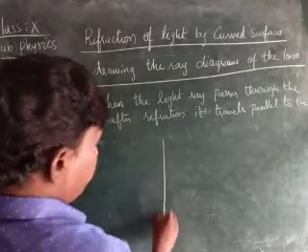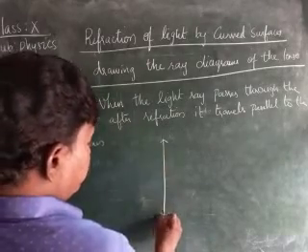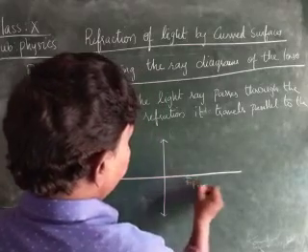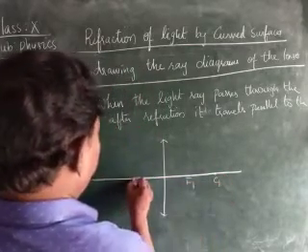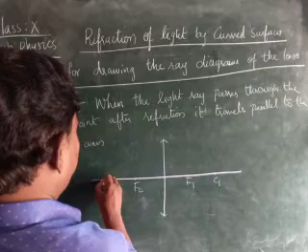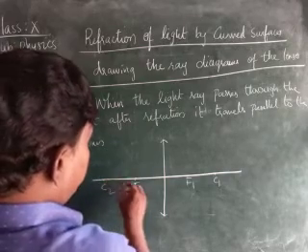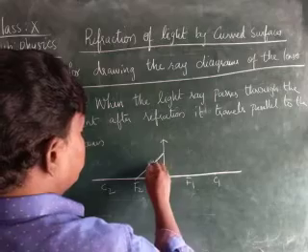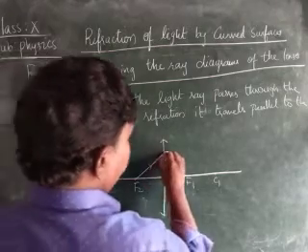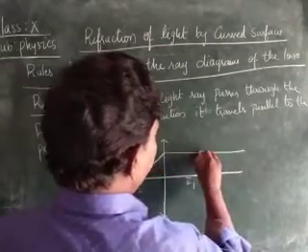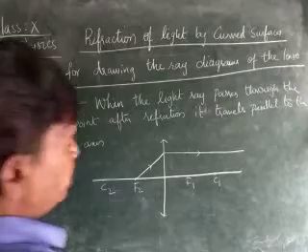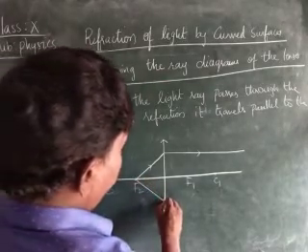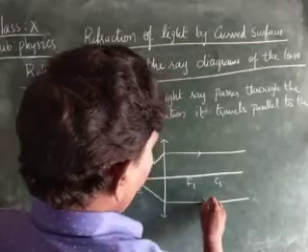That is, when a light ray is passing through the focal point, after refraction it travels parallel to the principal axis. This is the fourth rule.